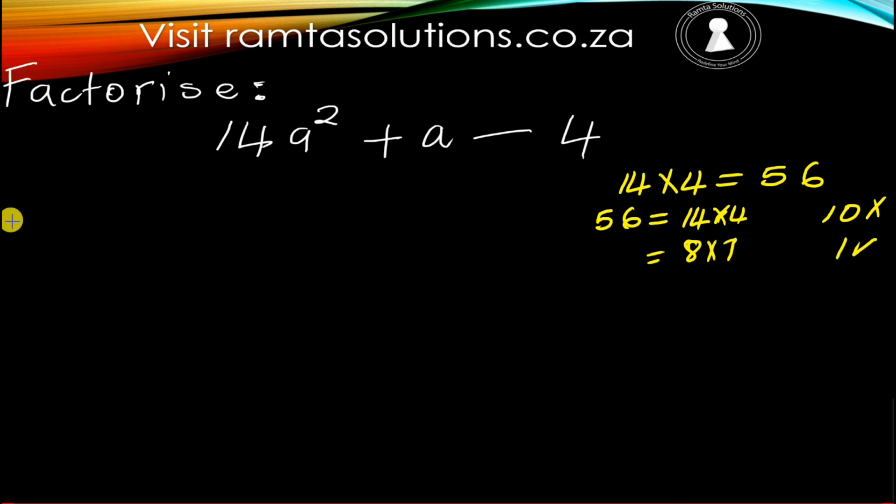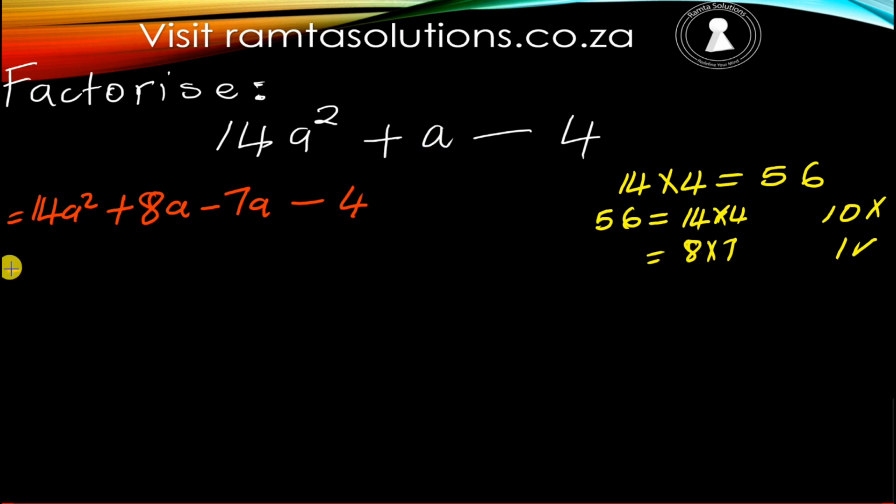Now, factorizing this, it doesn't matter whether 7 comes before 8 or vice versa, but let me write it this way: 14a squared plus 8a minus 7a minus 4. As you can see, 8a minus 7a gives you 1a, or simply a. So these factors were correct.